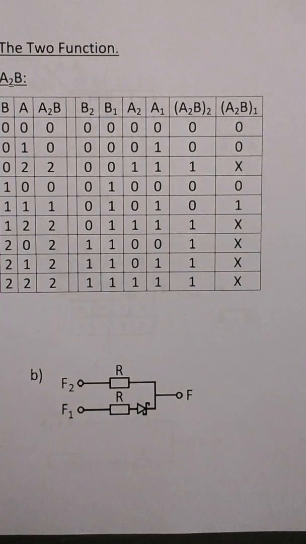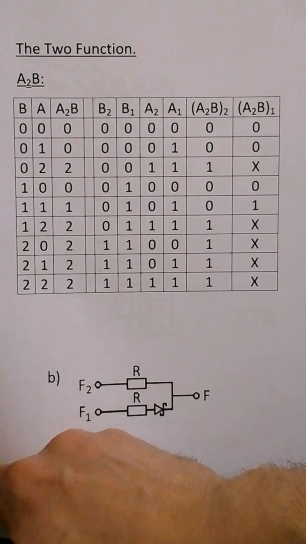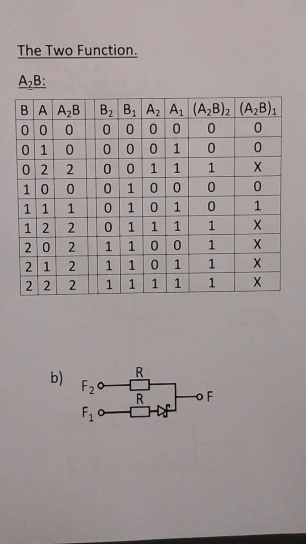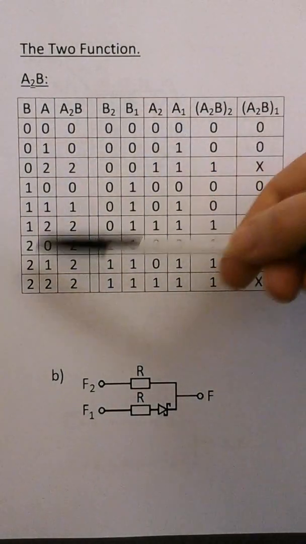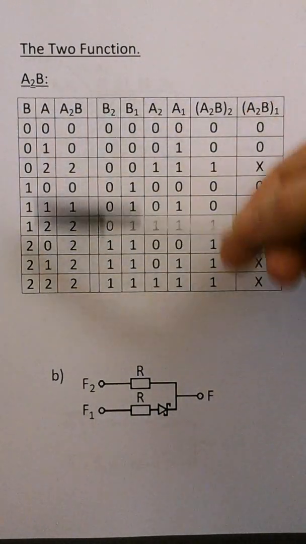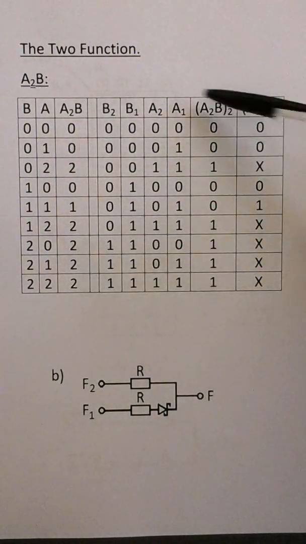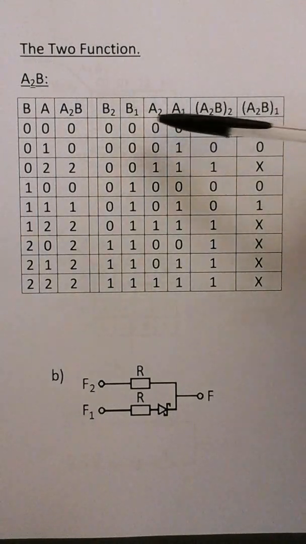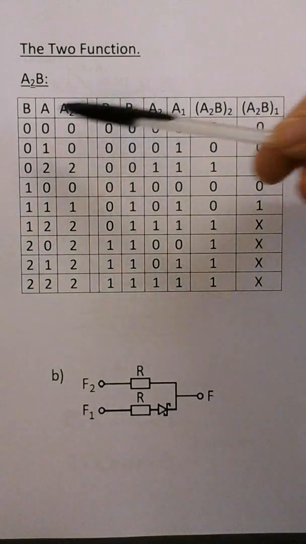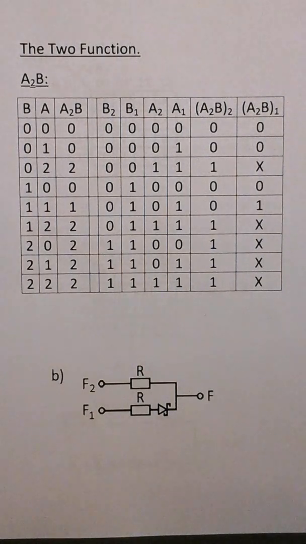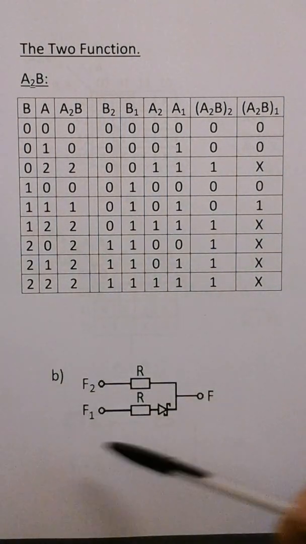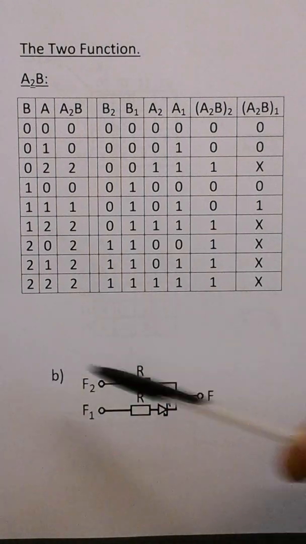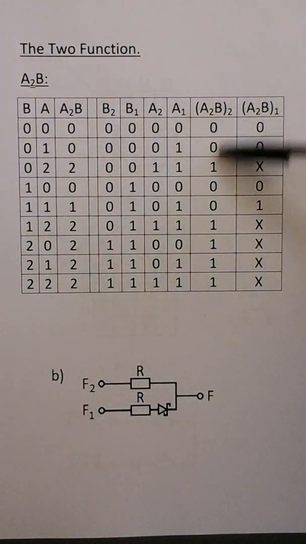Next we go to the two function. Here we have inputs A and B, and A2B the output, ternary inputs, ternary outputs. Here are the binary variables, A1 and A2 as before, B1 and B2 as before for inputs A and B. And I'm using diode resistor network, output network B, for the coding of A2B2 and A2B1.